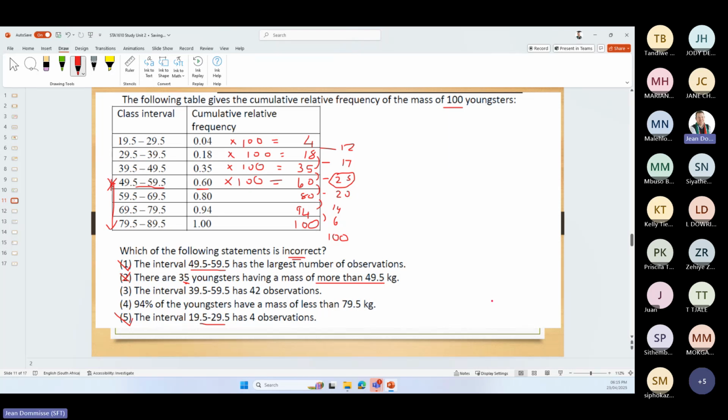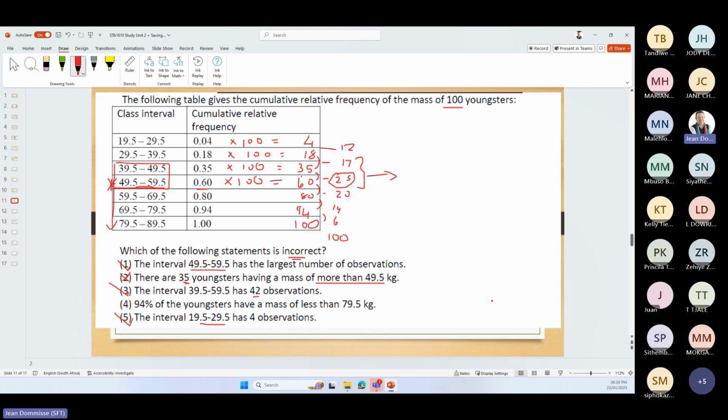Okay, so let's also just look at the others, the interval 39.5 to 59. So they're looking at those two intervals, so those two added together. So 17 plus 25 will give you 42.